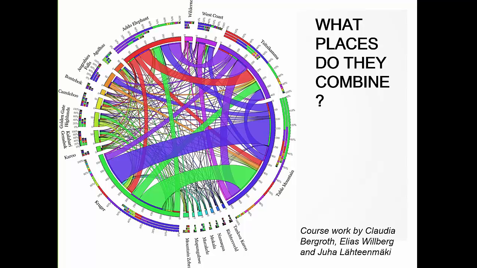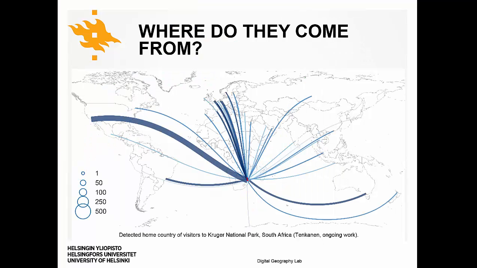Then of course people have different preferences depending on where they come from. They behave differently in parks, and also from the nature-based marketing perspective, it's important to understand where people come from.